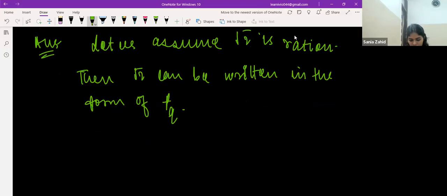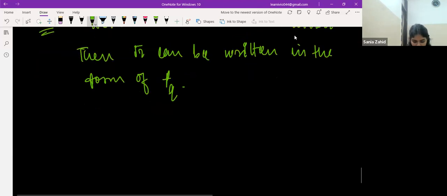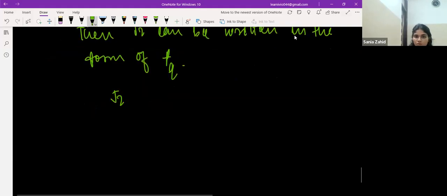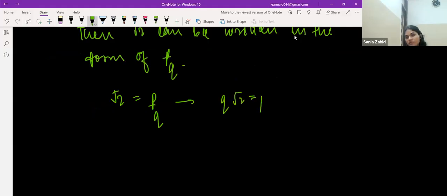Yes, ma'am. Okay. So can I say that root 2 is equal to p by q? Thus, when I cross multiply, I get q into root 2 is equal to p.